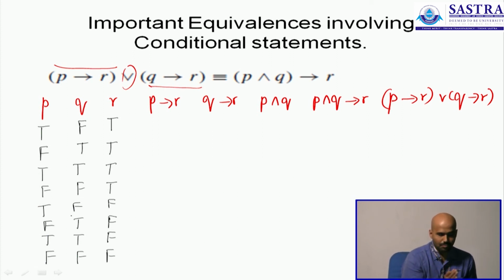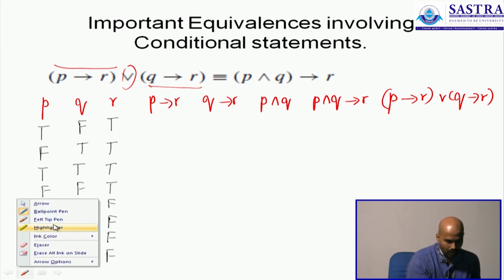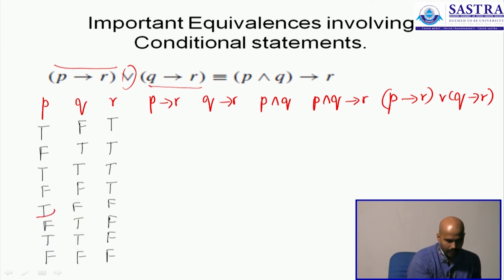A conditional from P to R takes a false value only when the hypothesis P is true and the consequence R is false, and that happens in 2 places. Am I right? Where are those? 1 in the 5th row and 1 in the 7th row. Only these 2 statements, these 2 input sequences are false.